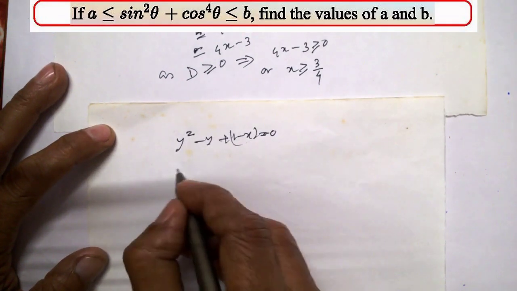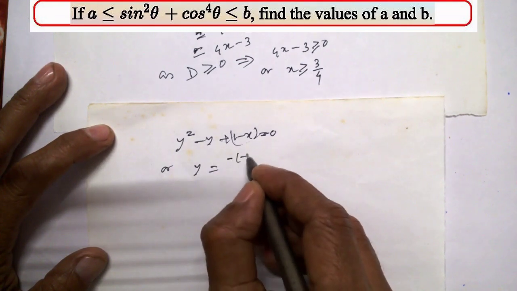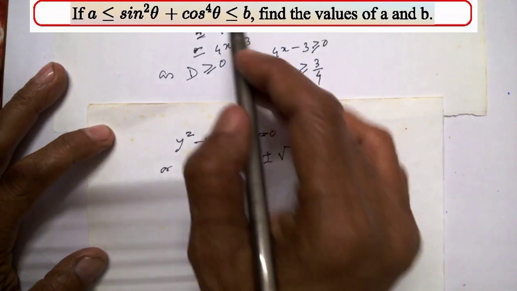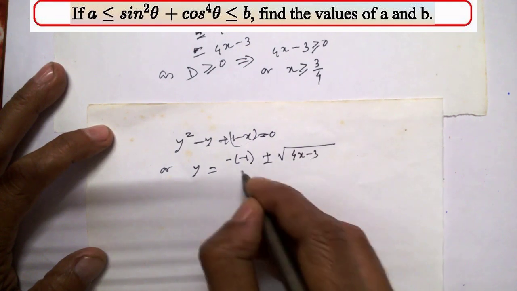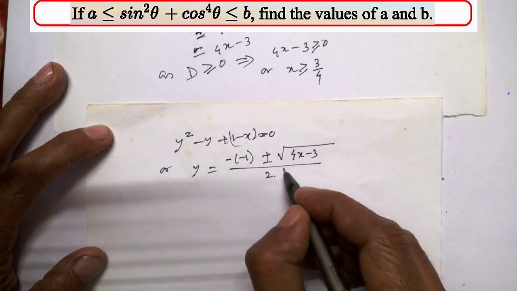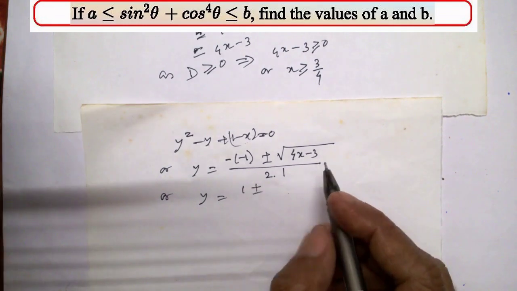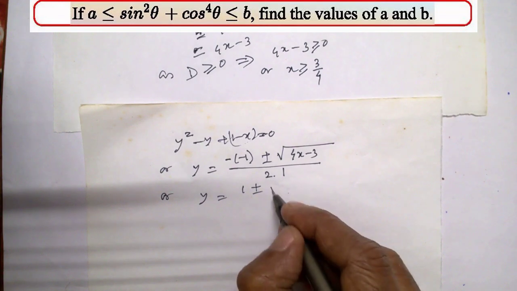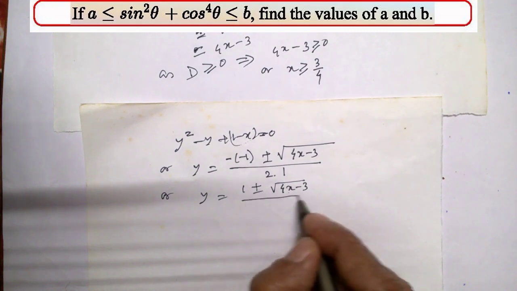Solve this: y is equal to minus b, which is minus of minus 1, plus or minus root over b square minus 4ac, which is directly 4x minus 3, divided by 2a, which is 2. So y is equal to 1 plus or minus root over 4x minus 3, by 2.